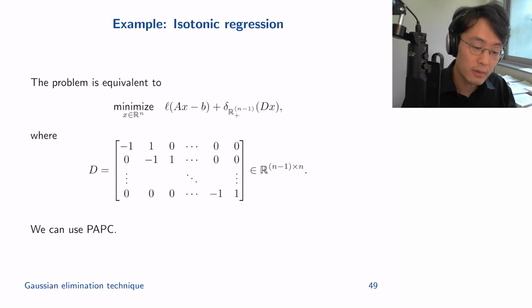And the continuous analog of that would be that the derivative is positive, or at least non-negative. So this corresponds to that. So we evaluate the finite differences of our vector x, and then we enforce that to be non-negative. Here, this is the explicit form of the finite difference operator. Once we've posed our optimization problem in this form, we can now use the PAPC algorithm.